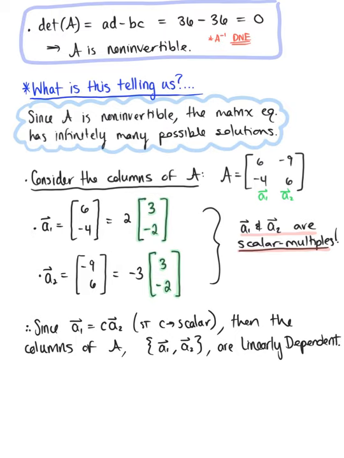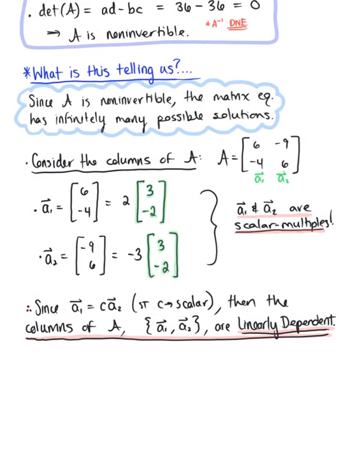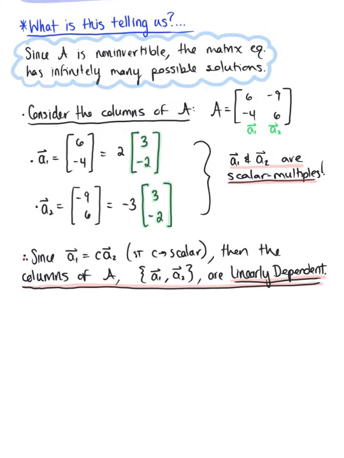So let's think about what this is telling us, that the columns of matrix A are linearly dependent. What does this mean? So we want to think back to our definition of linear dependence.